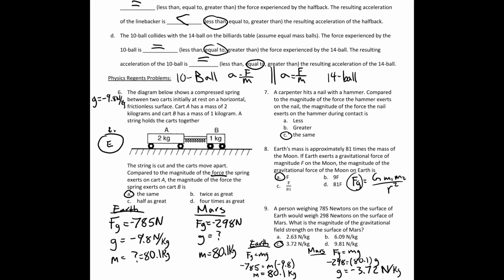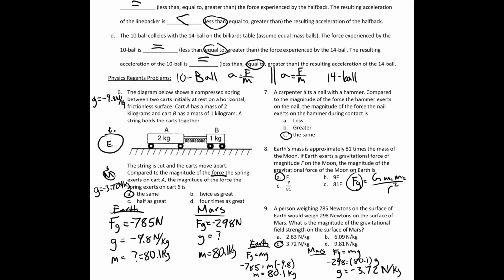And as we saw from number 9 here, Mars has a weaker gravitational field. So the gravitational field strength of Mars, for that 1 kilogram, you would have only 3.72 newtons of force. 3.72 newtons per kilogram. So what would that be for 2 kilograms?